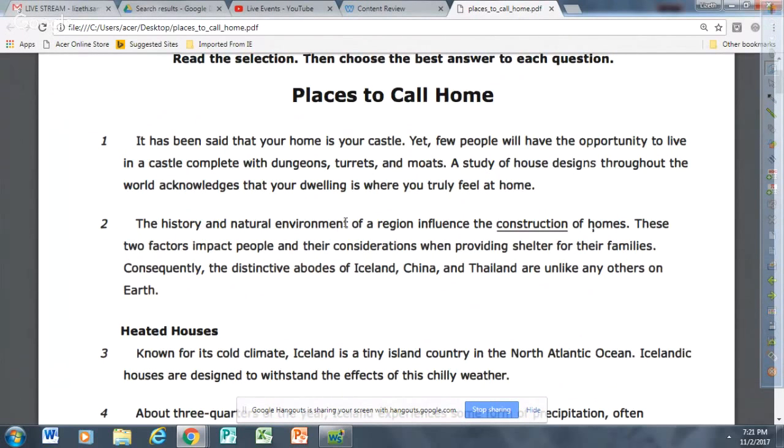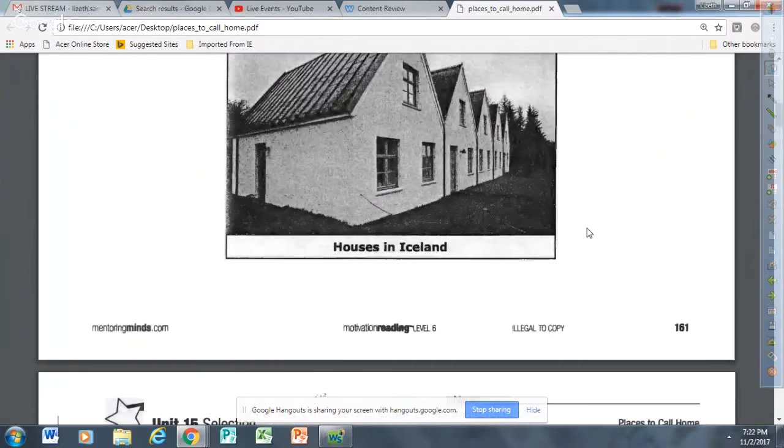The history and natural environment influences the environment of homes, influences the comfort of homes, influences the building of homes, or influences the sheltering of homes. So does it influence the environment of homes, the comfort of homes, the building of homes, or the sheltering of homes? If you think you know the answer, go ahead and tell me your answer.